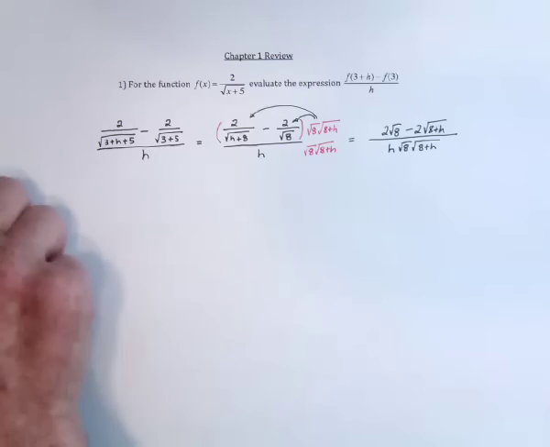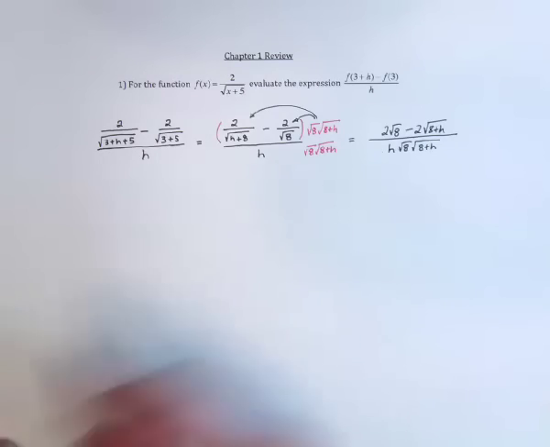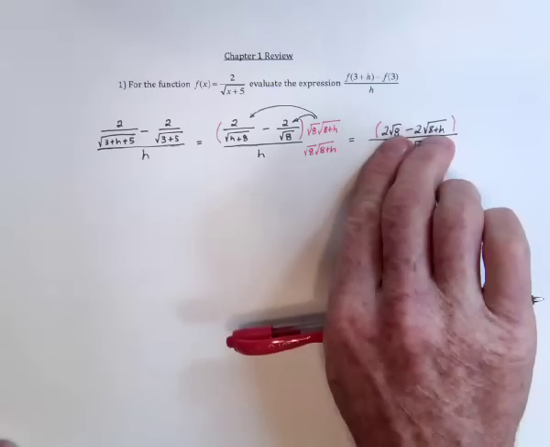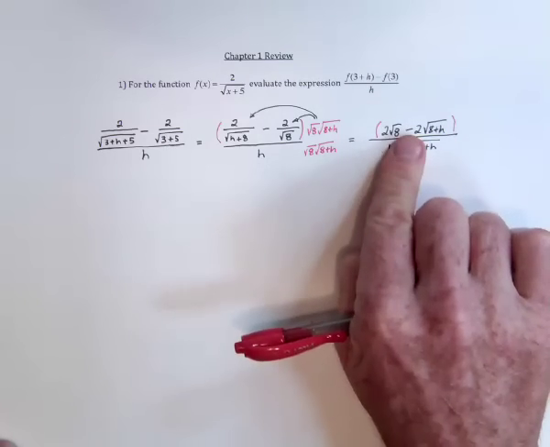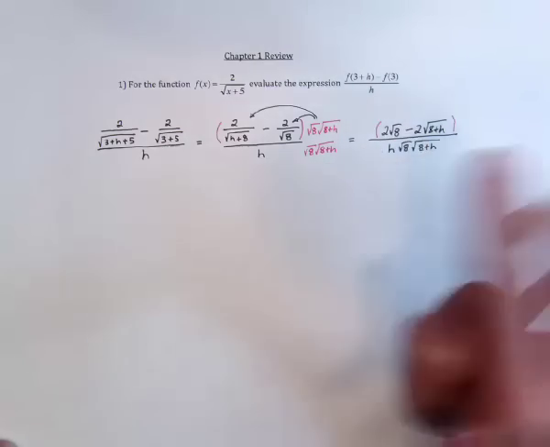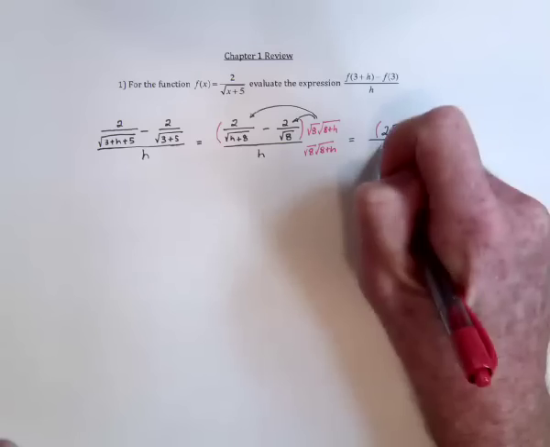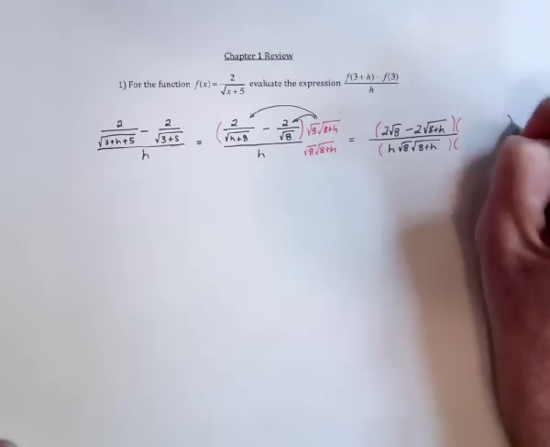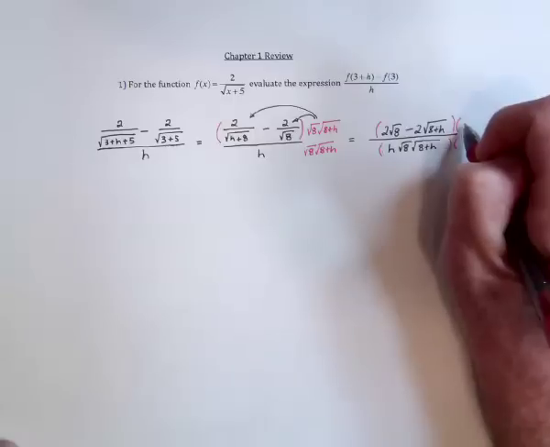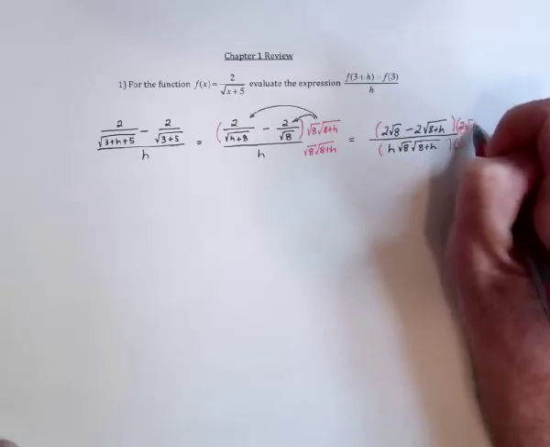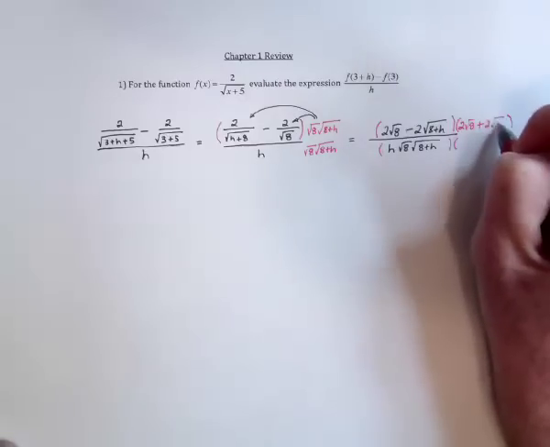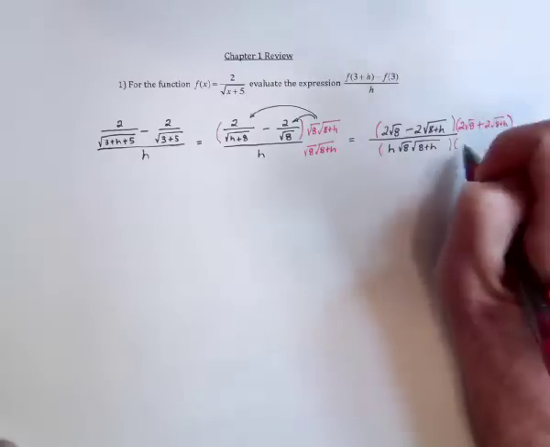The way to do that is multiply with the conjugate. That is, use the same expressions, but with a plus in between instead of a minus. And whatever you multiply the top by, you have to multiply the bottom by as well. So use the conjugate 2 radical 8 plus 2 radical 8 plus h.